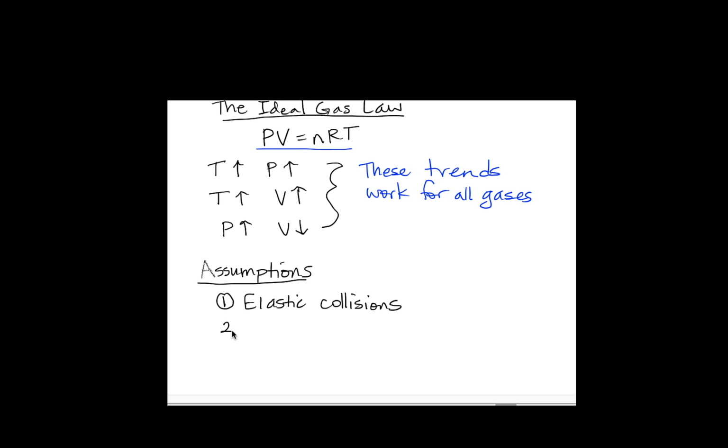The second one is that the particles have mass, but no volume. They don't take up any space. And as a corollary to this, our particles are all spherical, little hard spheres that are identical.